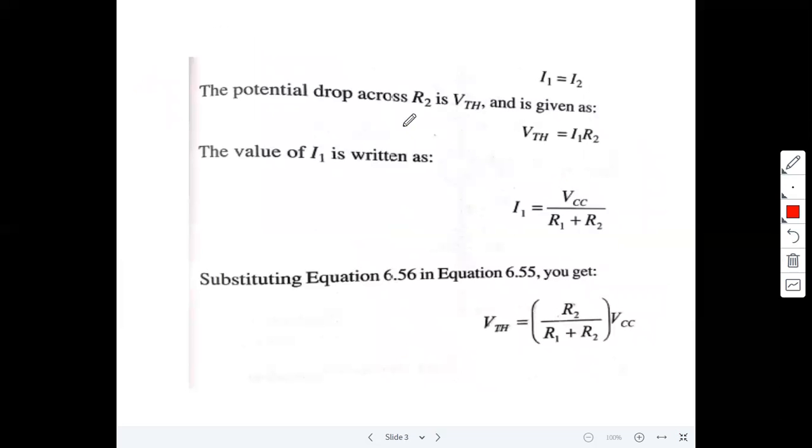Now we are assuming that the current flowing in both resistors R1 and R2 is the same: I1 is equal to I2, and V Thevenin is equal to I1 into R2.